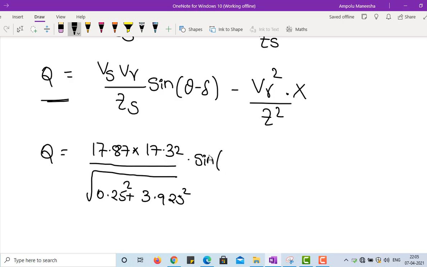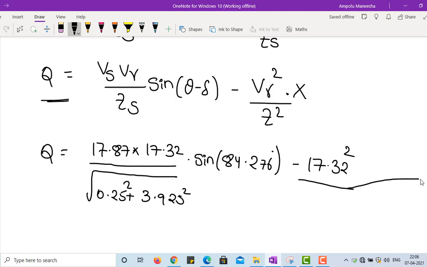Just now we found out 84.276 degrees minus 17.32 square divided by 0.25 square plus 3.925 square into x value is 3.925.